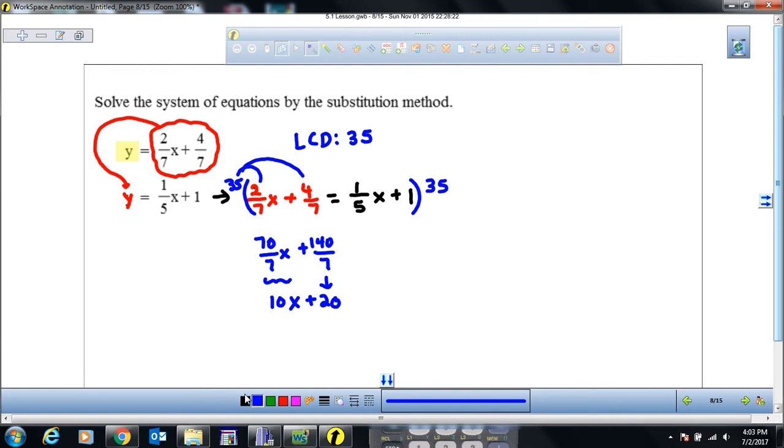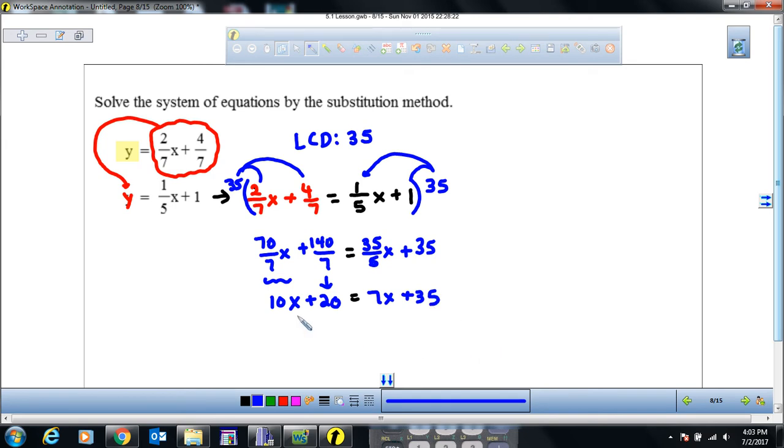So 10x plus 20 equals, we have the equal sign, then we multiply right here. 35 times 1 is 35, divided by 5, x. That's going to give me 7x. And the last one is 35 times 1, which is 35. That one just stays as 35. So that gets rid of the fractions.